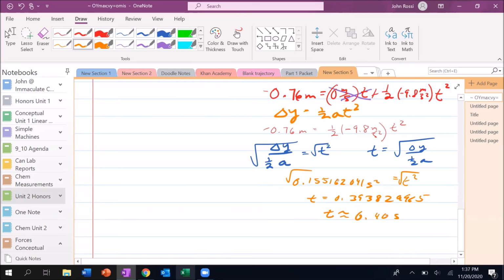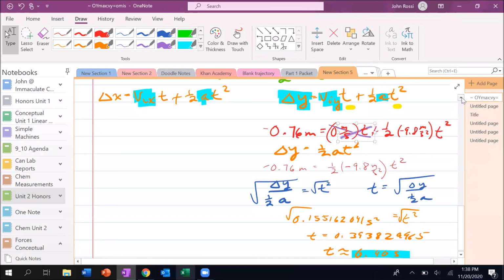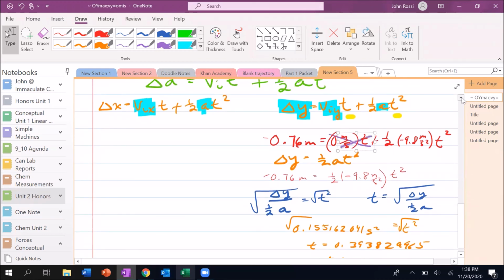All right, so now I have my key, my bridge. It's 0.4 seconds for my time. Beautiful. What can I do with that information? I can plug it back in. Let's scroll up with the arrow. I can plug it back in to find my displacement.